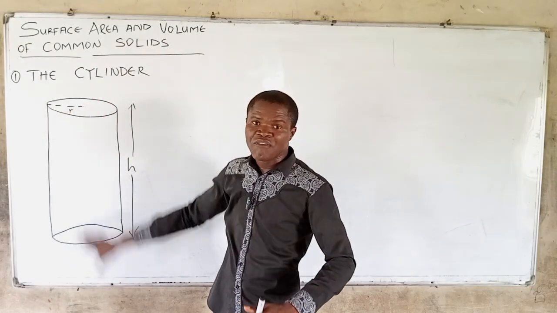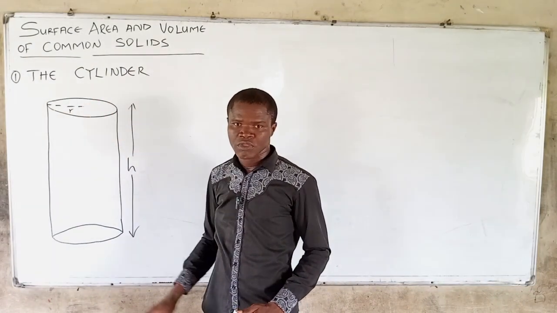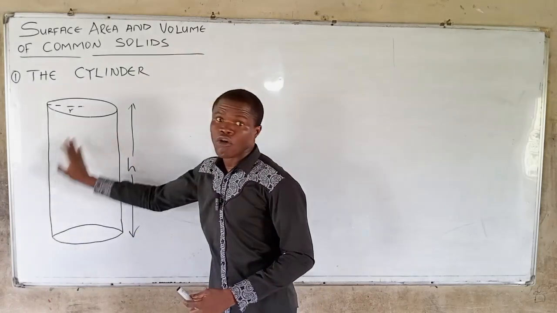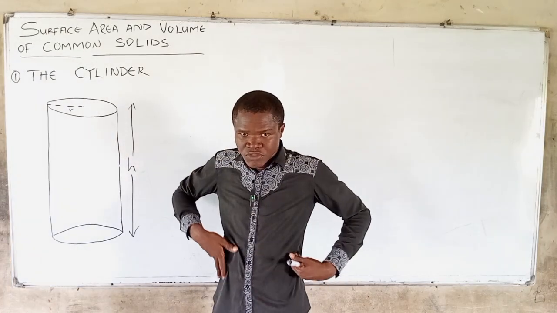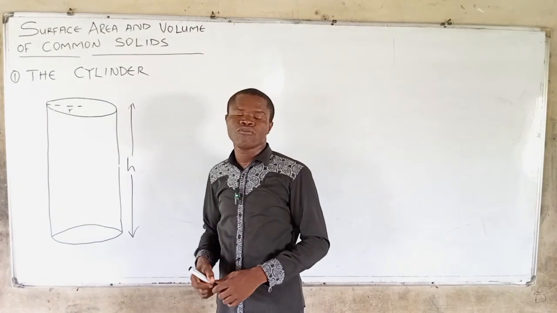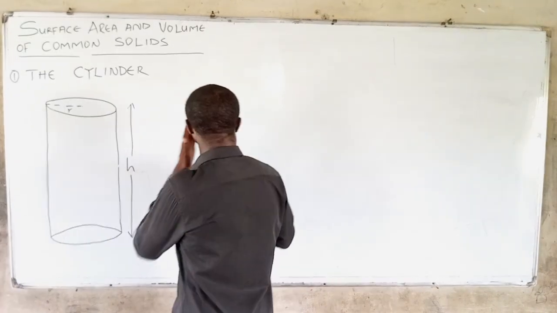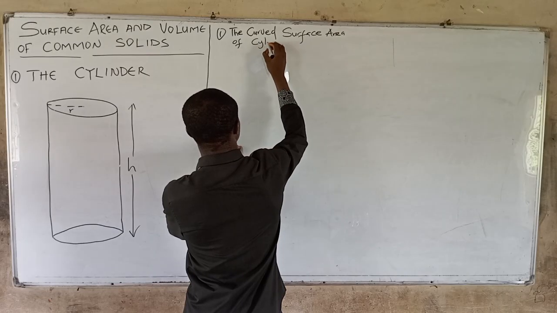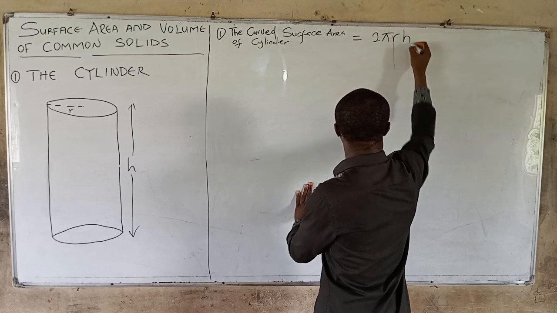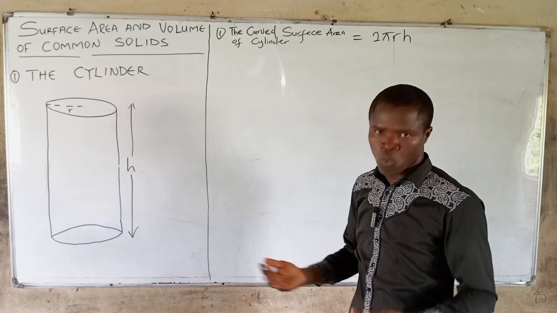So when a cylinder does not have a cover at the top and bottom, you could be asked to calculate the area of the curved surface, the area of just the body of the cylinder. The formula for the area of the curved surface of the cylinder is given as 2πrh.